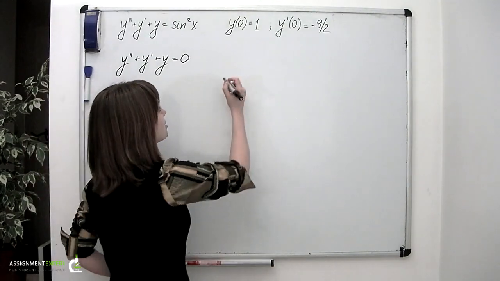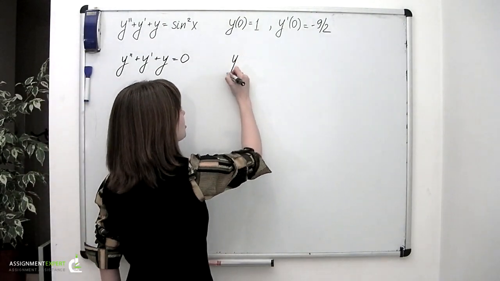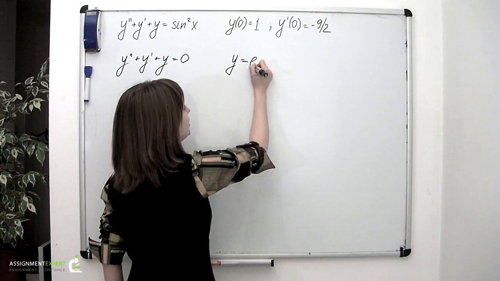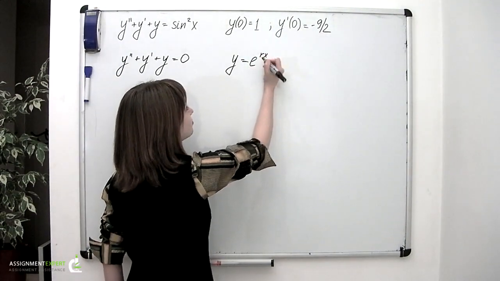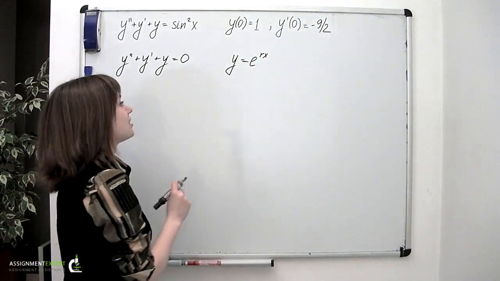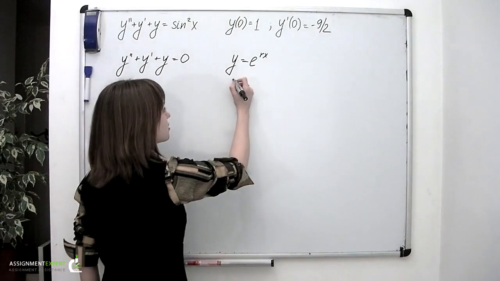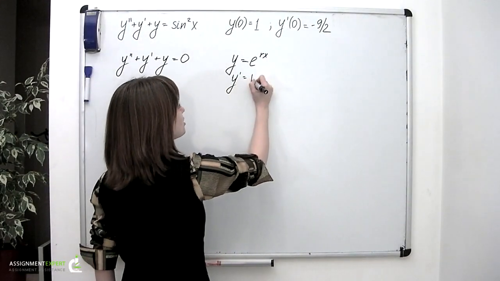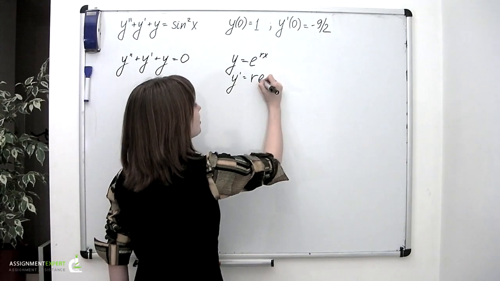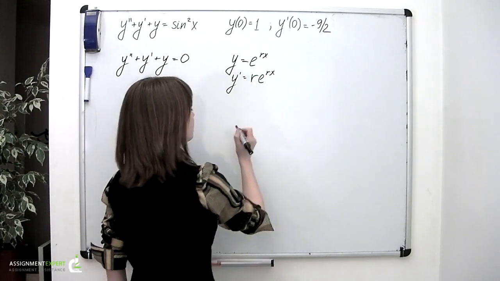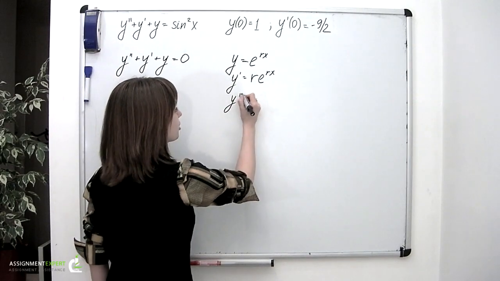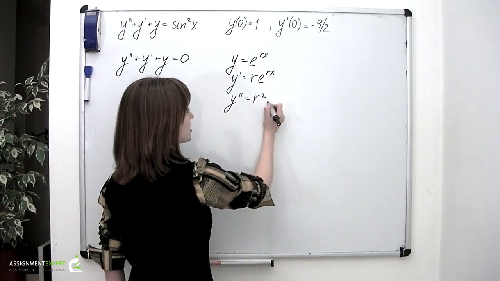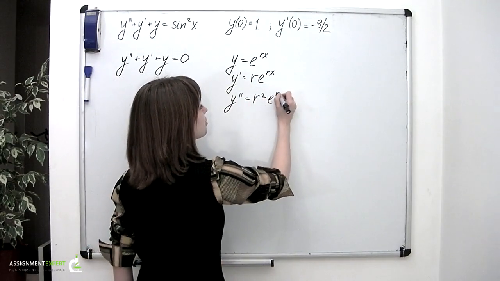And to do this, we need to make a substitution denoting y as e to the power of rx. We're also going to need its first and second derivatives. So we go y prime equals r times e to the power of rx, and y double prime equals r squared times e to the power of rx.